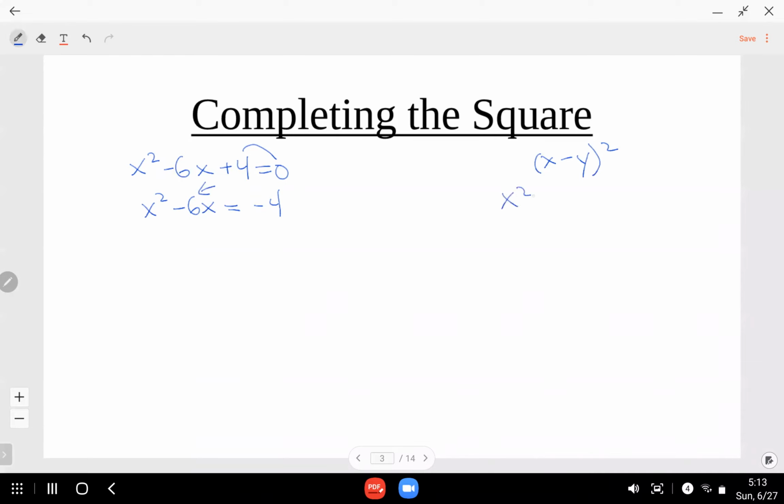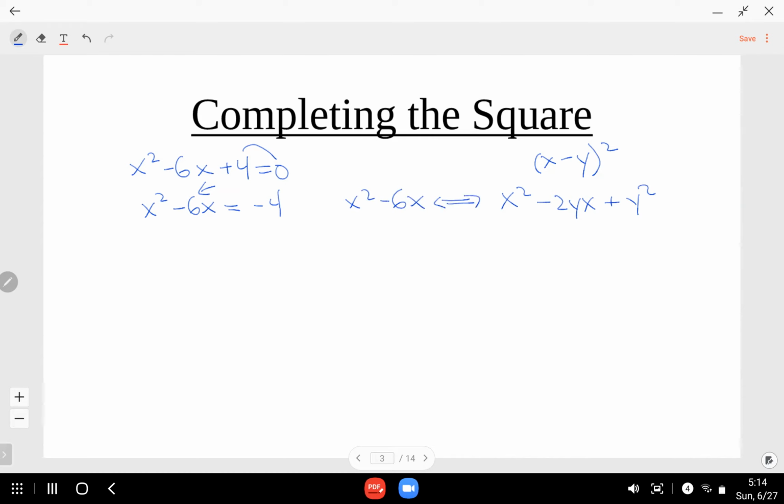It will be x squared minus 2yx or 2xy, but in this case, let's think of it as 2yx, it'll be easier. Plus y squared, all right. And then let's compare that to x squared minus 6x.